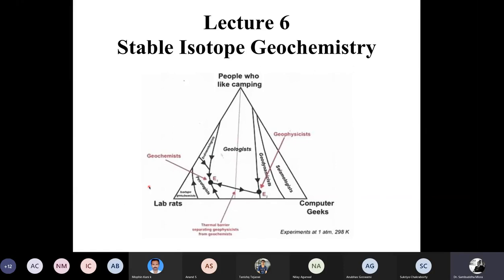So what I'm going to do in this lecture is take you through the principles of stable isotope geochemistry and then discuss a bit about what sort of fractionation we observe in nature, especially in plants, and how that signature can be incorporated into human body or animal body, so that we can investigate where the animal came from, where it's going, and stuff like that.